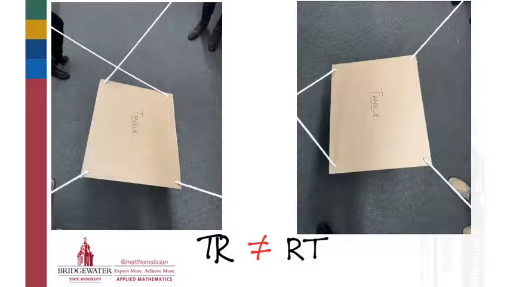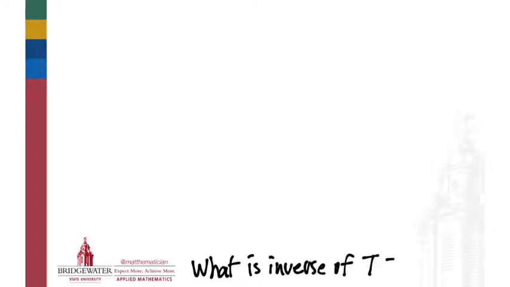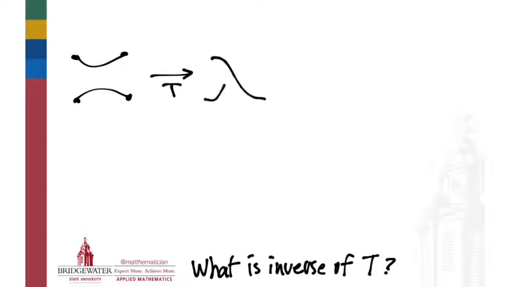Let's return to the question of what is the inverse of T. How do we untwist a twist? We want the most general answer to this question, because we already convinced ourselves that if we started with an empty tangle and did one twist to it, that would give us this.